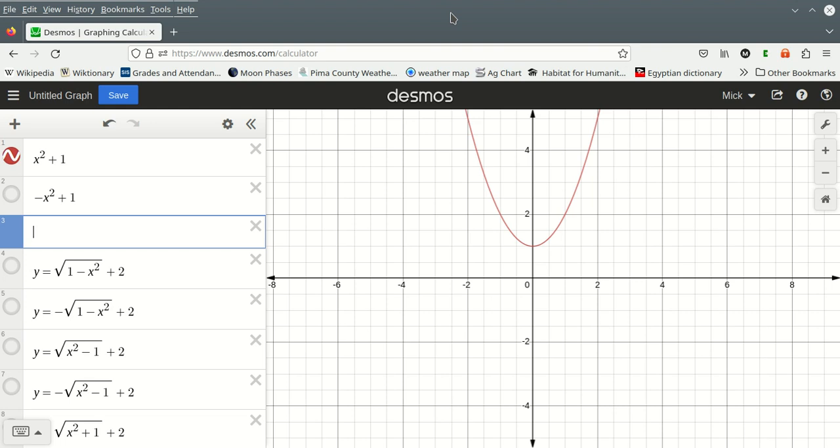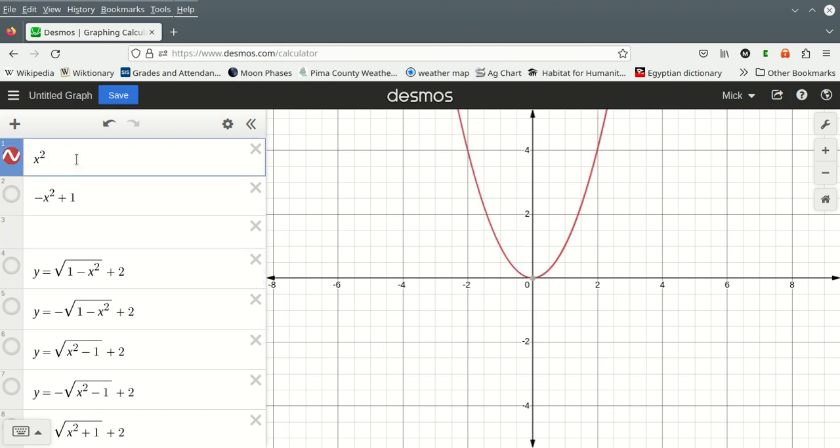Alright, if you're trying to find the zeros of a conic section and it does not intersect the x-axis, like this guy here, so this is the parabola x squared plus 1. For quick reference, if it's just x squared, it hits here.